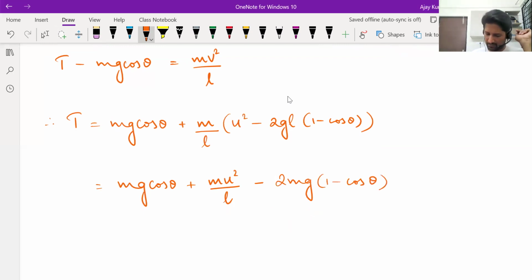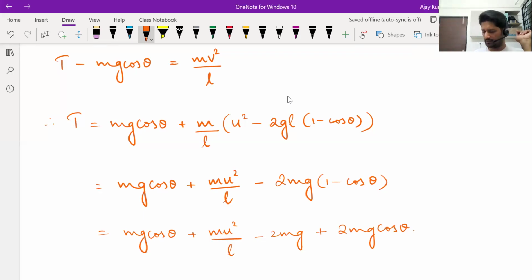We can simplify this further. mg cos theta plus m u square by L minus 2mg plus 2mg cos theta. Minus of minus becomes plus.